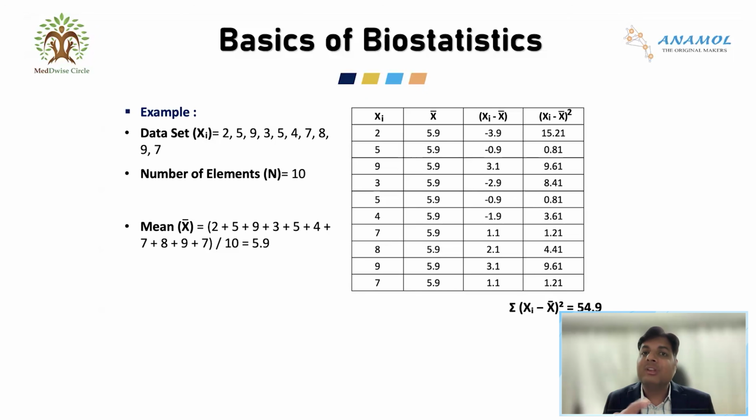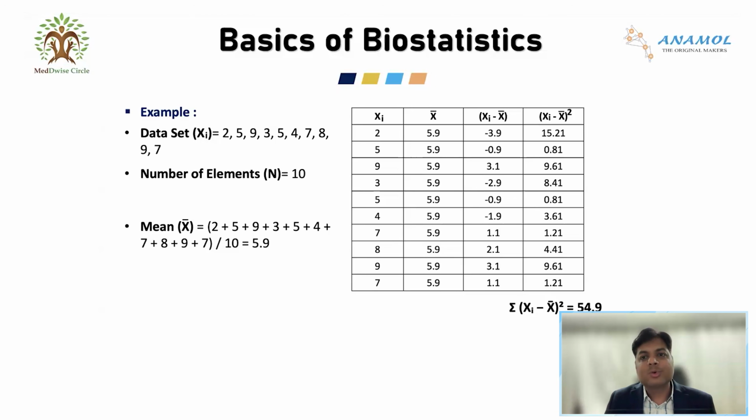So if I have to remove the negative sign from this, what do I have to do? The technical answer is I have to square the individual value and again square root it back. So when I square 3.9, I have to multiply, sorry, I have to multiply minus 3.9 into minus 3.9. So minus into minus becomes a plus.